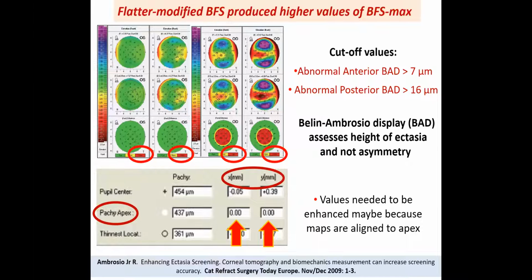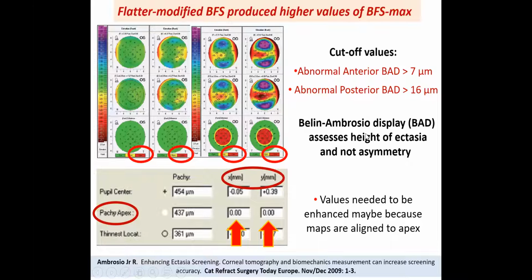And more important, it is much more precise and with better resolution. In this device, for example, and probably because it's aligned to the apex, our friends, Renato Ambrosio from Rio and Professor Belin created the BAD, Belin-Ambrosio display.